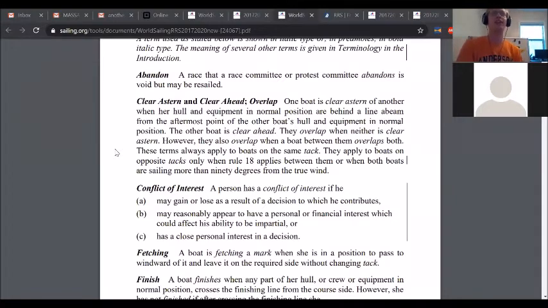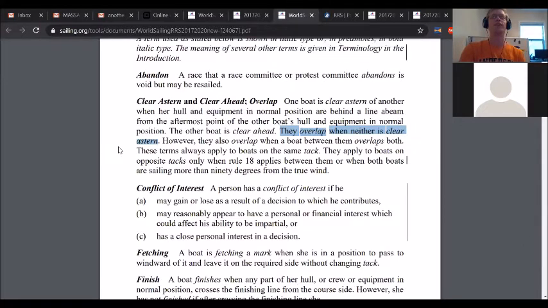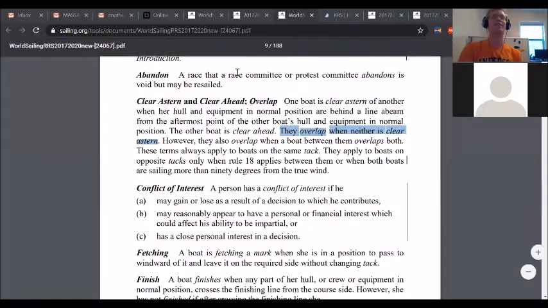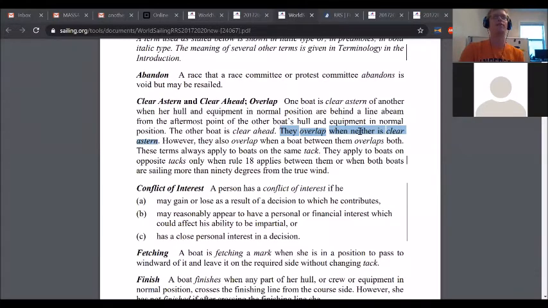It just says, reading straight off, they overlap when neither is clear astern. So if that line is not crossed, then they are clear head, clear astern. But if neither can be defined as clear astern, then we just say they are overlapped.